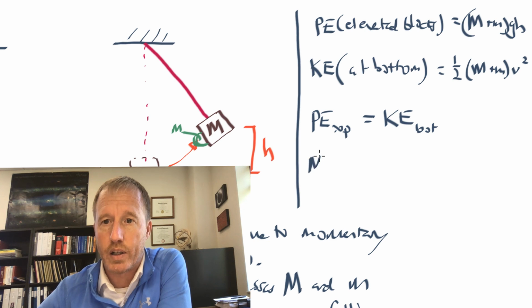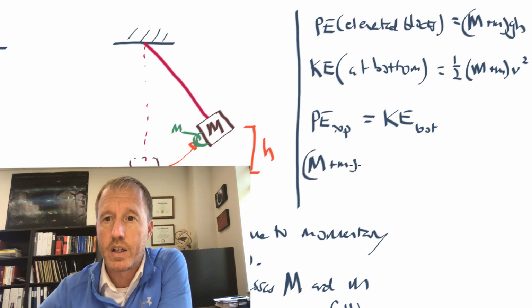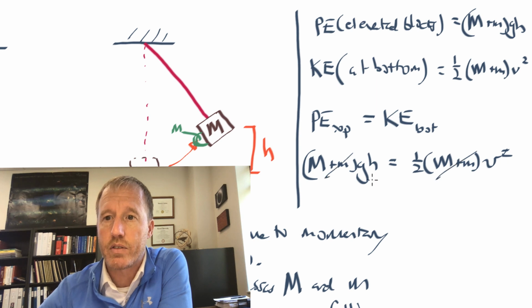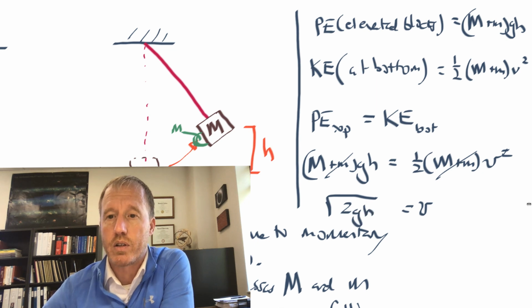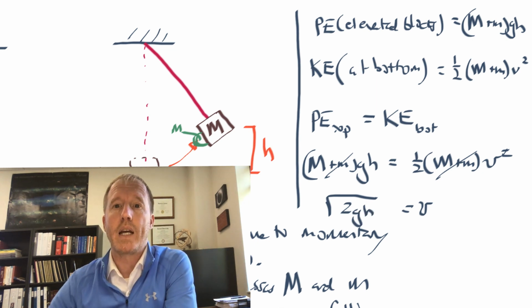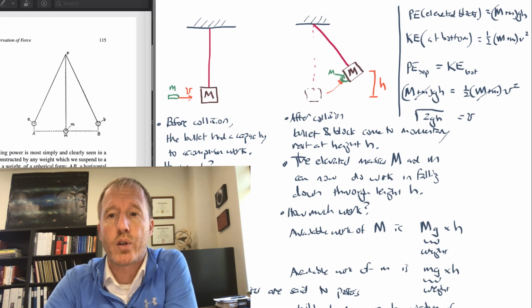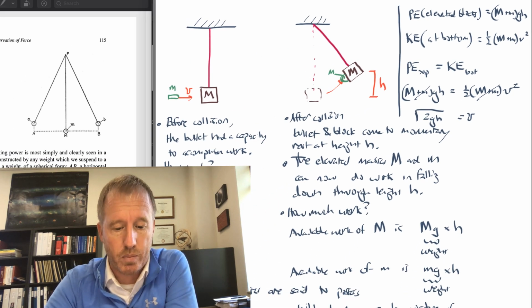And I could write this like M plus m times g times h equals 1/2 times M plus m times v squared. I can cancel out these masses, and I get that the velocity is equal to the square root of 2gh. So this allows us to relate the speed of swinging through the bottom to the height through which they fall in order to gain that speed.